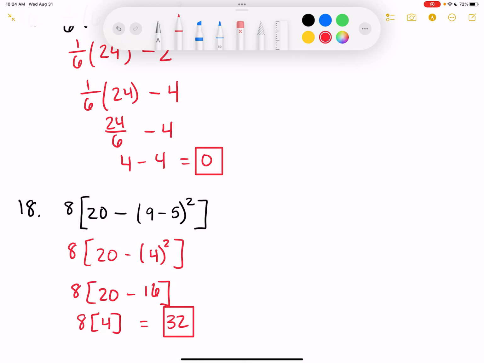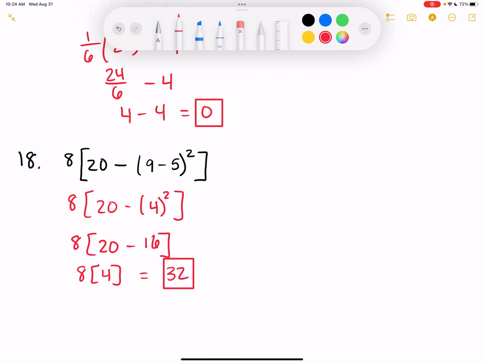All right, so then the last thing in this section is evaluating the expression. So kind of like what we did in the last section, but it's basically giving you a little equation and then you're plugging in the number that they're giving you for the variable.